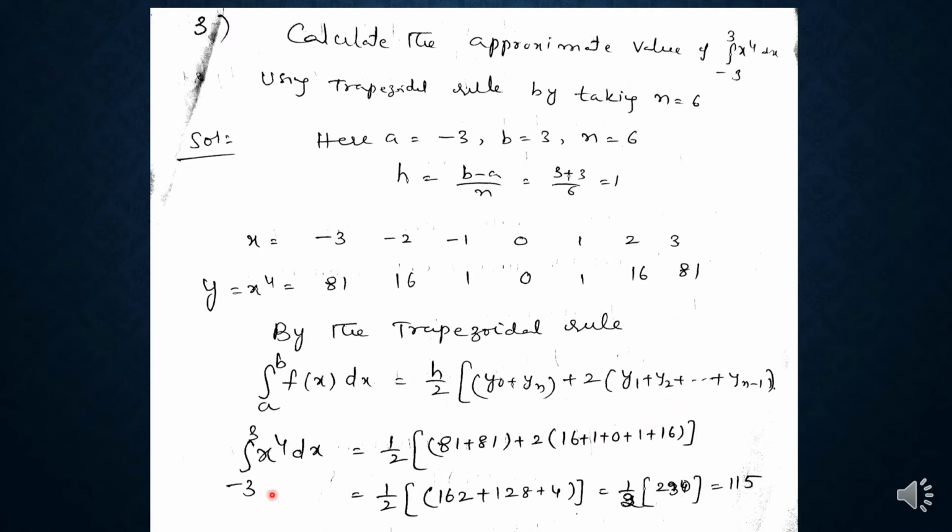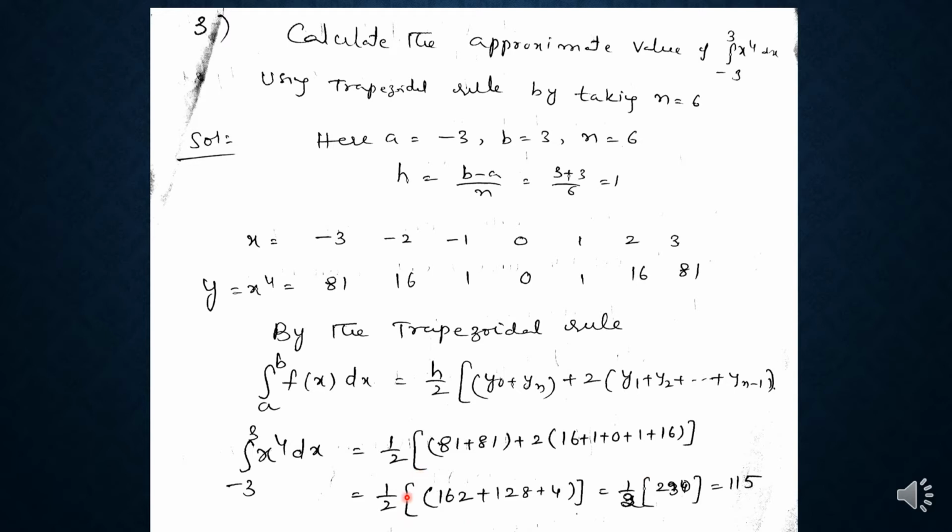So the integral from minus 3 to 3 of x to the power of 4 dx is equal to 1 by 2 into 81, here y0 is 81 and yn is 81, plus 2 into the sum of the remaining 5 ordinates, that is 2 into 16 plus 1 plus 0 plus 1 plus 16.